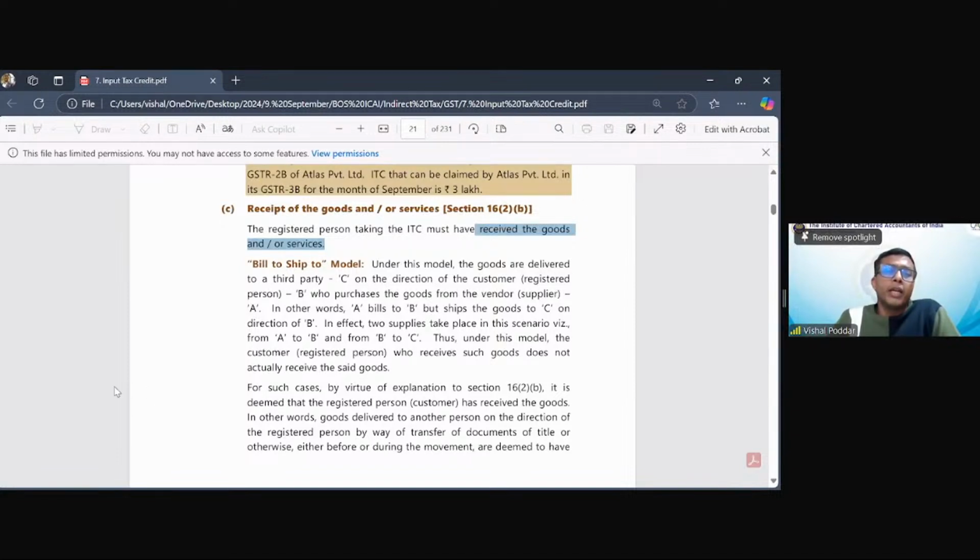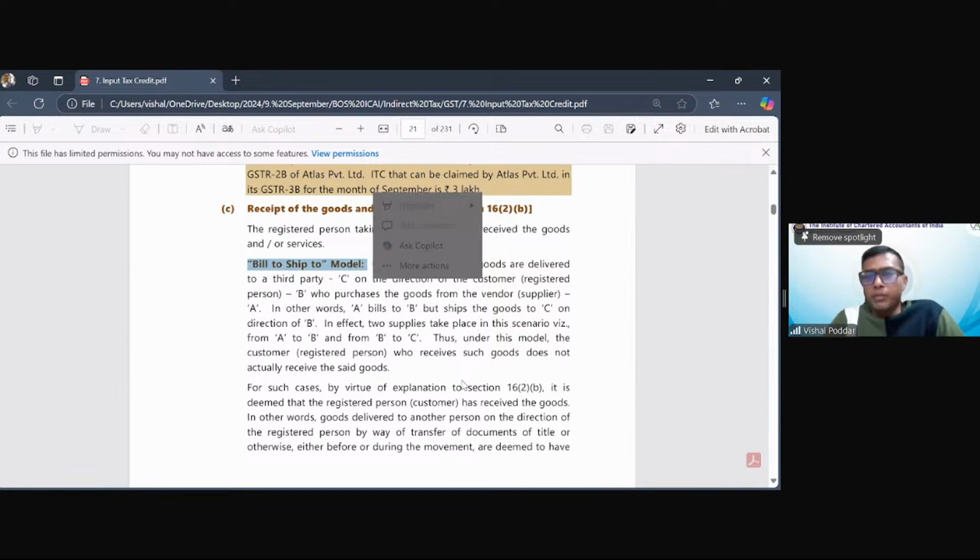First, most important clarification is the bill to ship to model. What is this bill to ship to model? I am selling my goods to Hemant, but Hemant has to further sell it to Mitali.